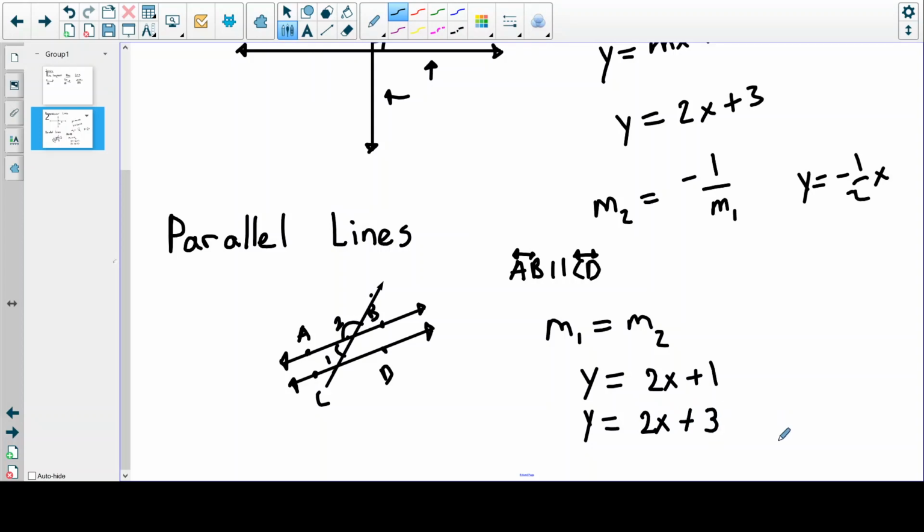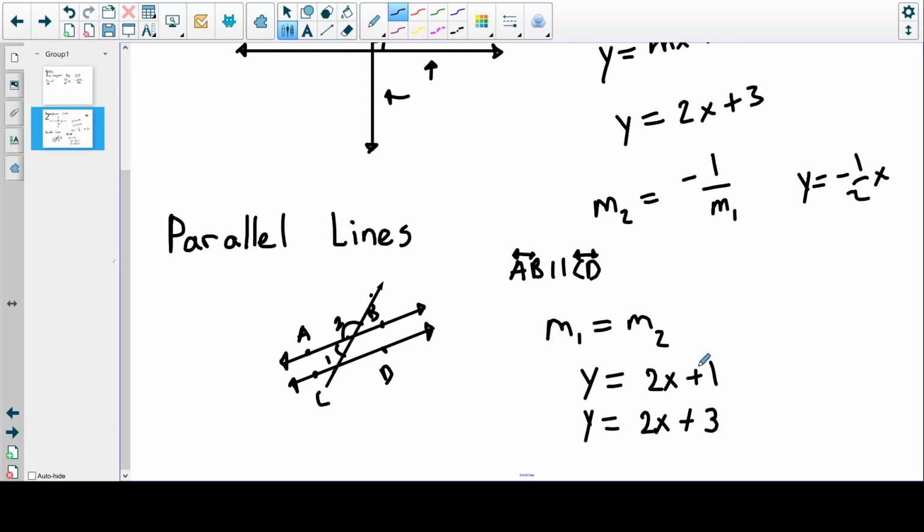The y-intercepts are different, but the slopes are the same. If the y-intercepts were the same, then those are the same line. They're not parallel, they just overlap. That could be a trick question you might see. But the biggest thing is to know that the slopes are the same, and that indicates that they're parallel.